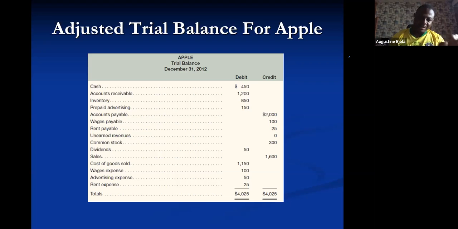Just for emphasis, everything that has to do with revenue and expenses will end up in your profit or loss account. Everything that has to do with your assets and liabilities will end up in your balance sheet. And when we started, we said when you are doing your posting, you must ask yourself, what is the nature of this transaction?